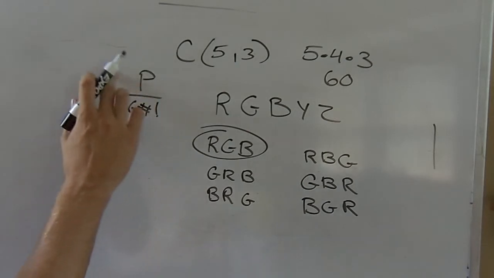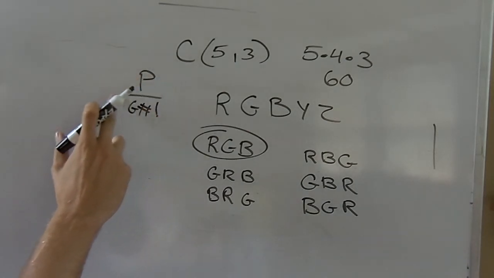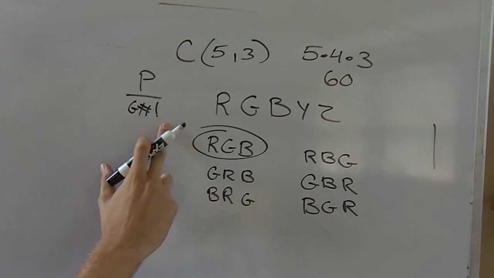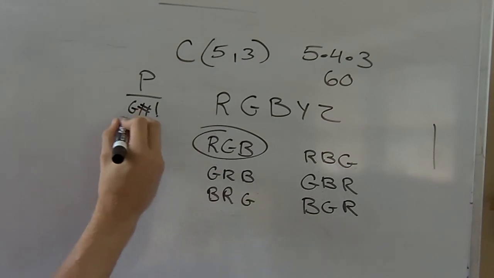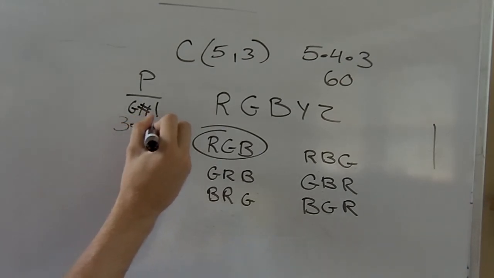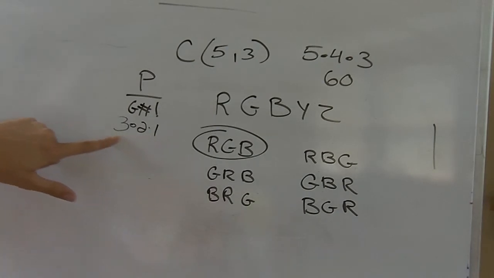And so if you take all the possible outcomes and divide by that 6, which is what this gets you. Remember, this is that 3 times 2 times 1. This is telling me that there are 6 possible outcomes for every group of 3, but only 1 of them counts.